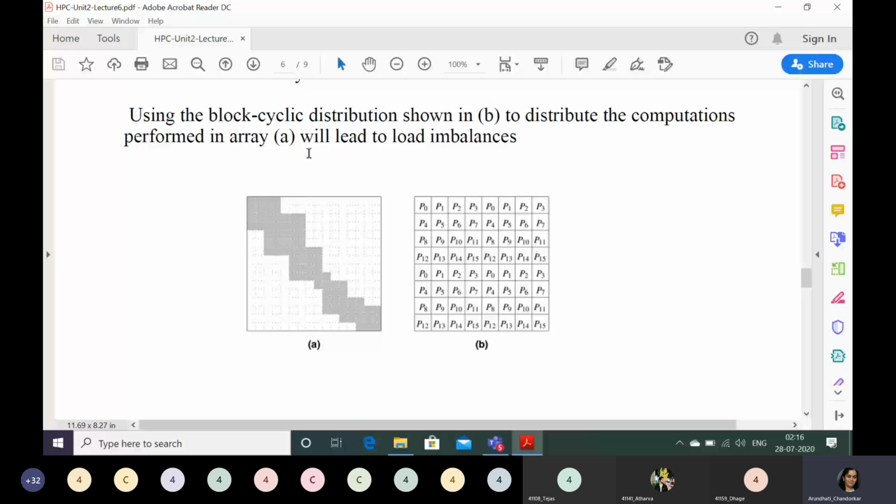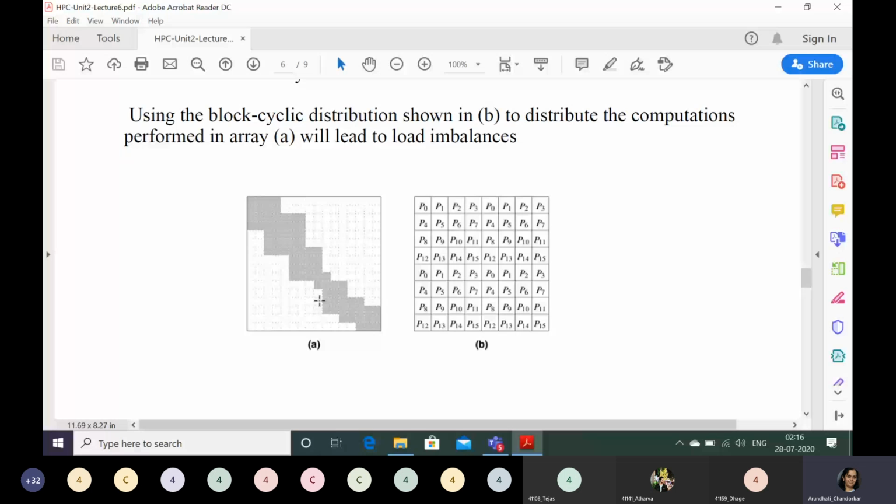I had shown you yesterday also. So the distribution has a sparse matrix. If you go on distributing or mapping the sparse matrix computations using block cyclic, such a situation can happen. So what is this situation? The whole work is concentrated at the diagonal processes.